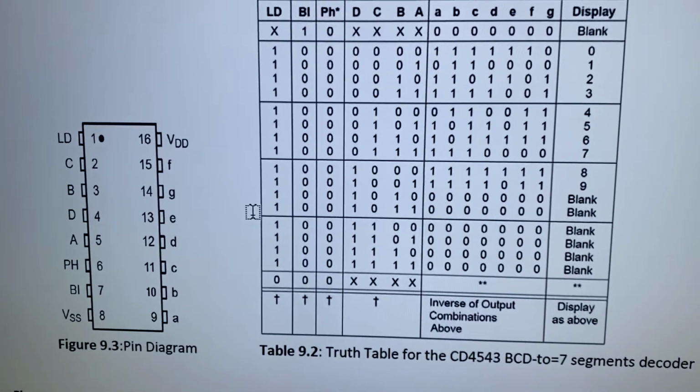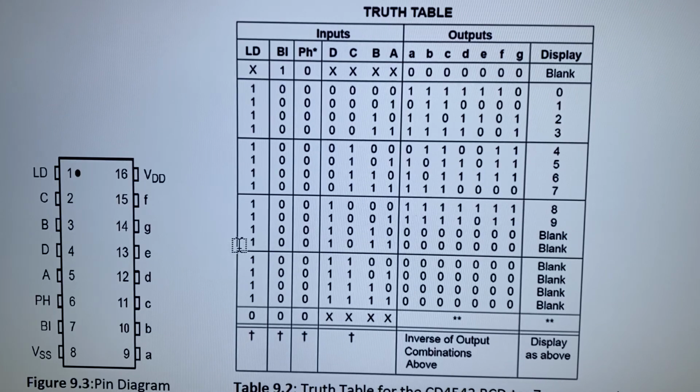Now, the truth table tells you how the inputs are selected. So you have a code 0 here. This code will be represented in the display like this. But if you have input number 1, that'll be the 7 segments representing 1, then number 2, number 3, and so on until you reach number 7, which will be decoded with all these outputs.